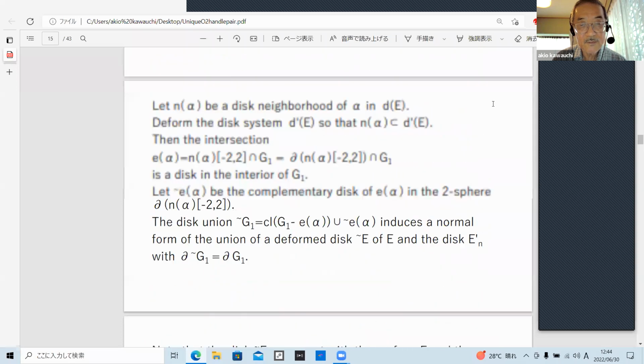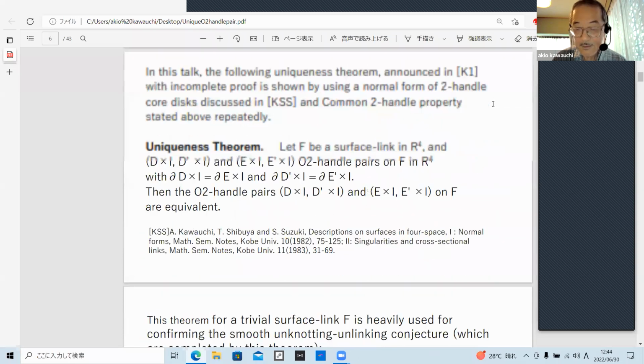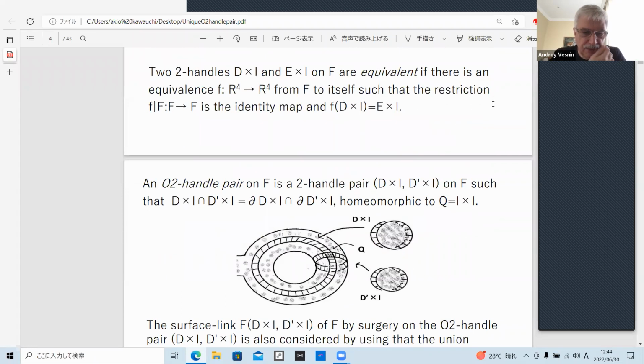It means transversal. The 2-handles only intersect at the boundary, and the boundary annulus intersection is only a square.